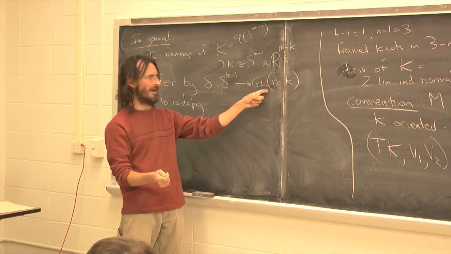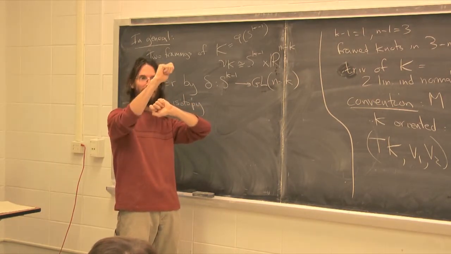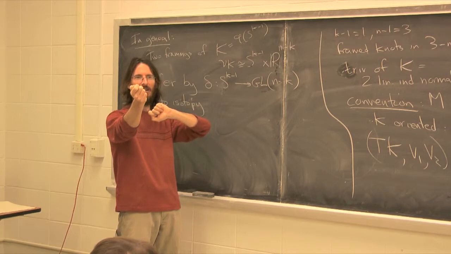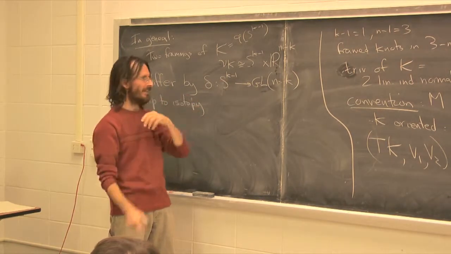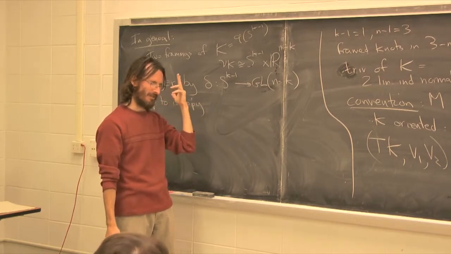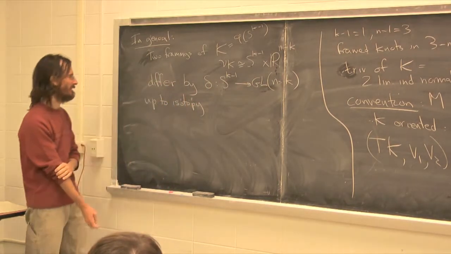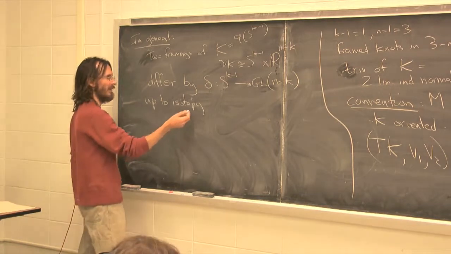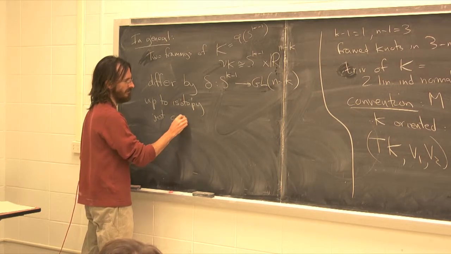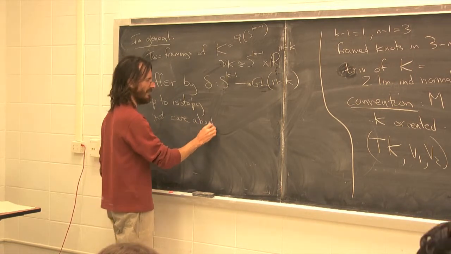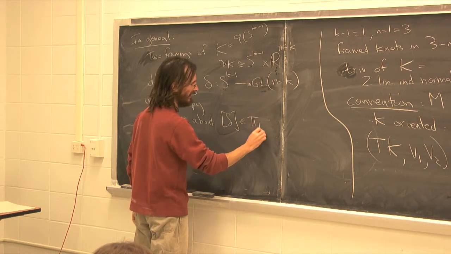If I change this map by a homotopy, that means just at every point on the sphere, I'm just moving the element of GL(n-k) by some amount, and that's going to isotope the framing around. In other words, you might be bothered about isotopy versus homotopy, but they're different issues here. So up to isotopy, we just care about, sloppy about base points here, the equivalence class of delta in pi_(k-1).